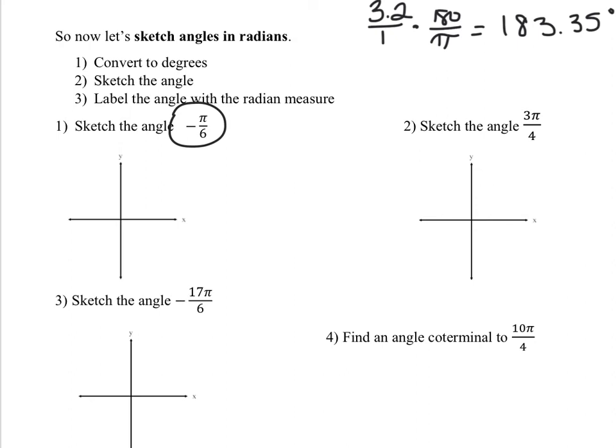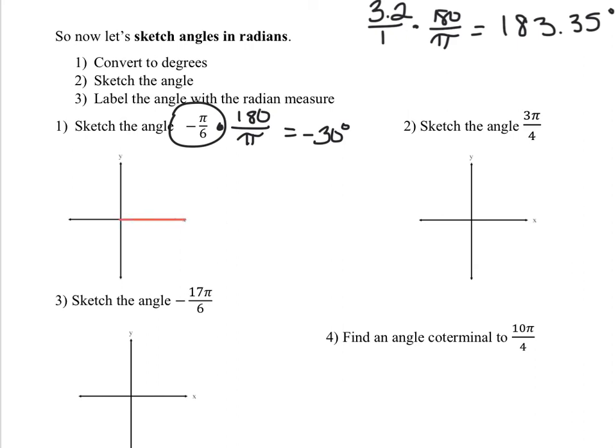So I'll do the first one and then you try the other three. So I simply want to multiply this times, since it's radians, I want to convert it to degrees. It's 180 over pi. Again, do the math. You should get negative 30 degrees. So you need to sketch negative 30 degrees. Now remember, this is the starting position.